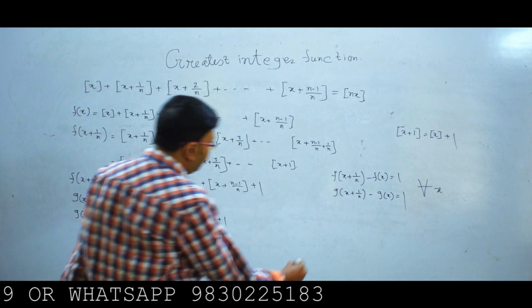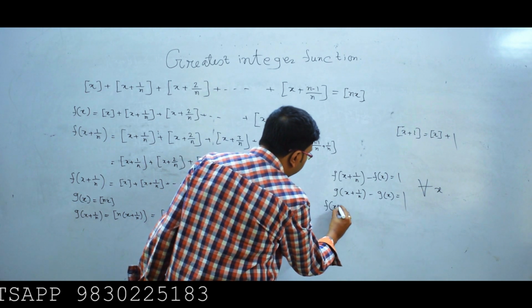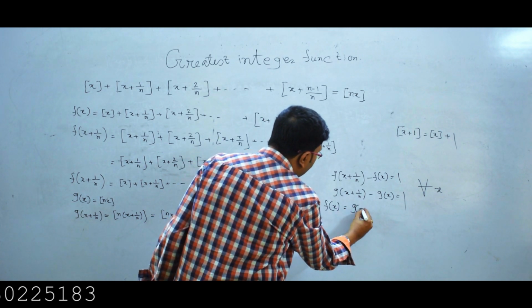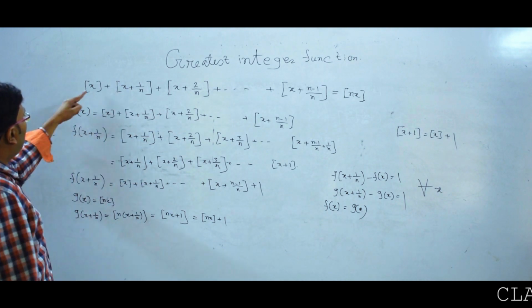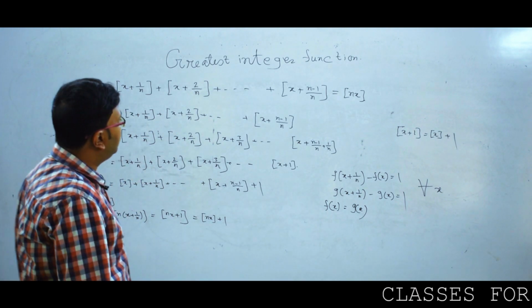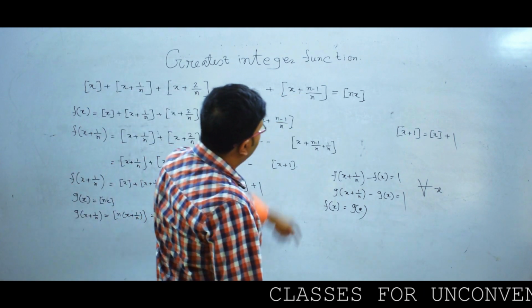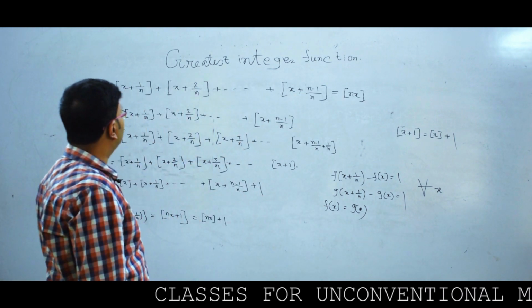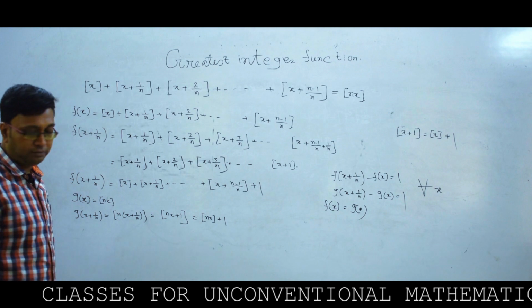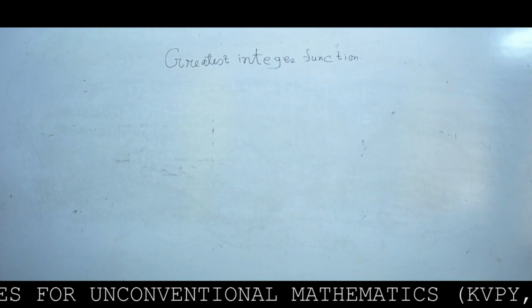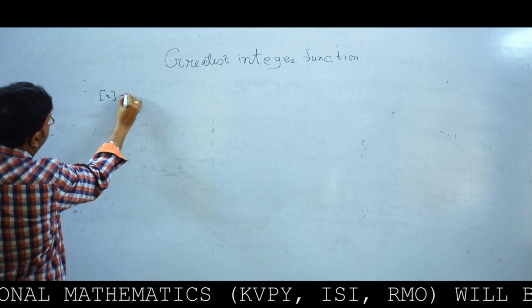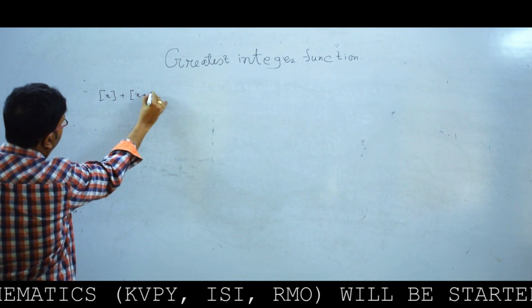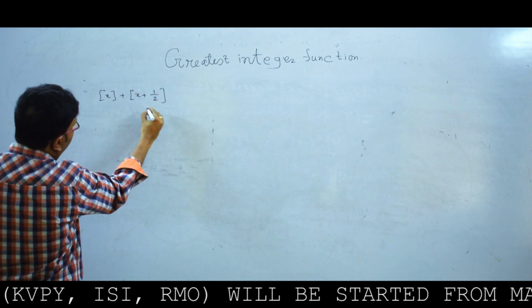Hence we can say that f(x) equals g(x). And this is the proof of the famous identity {x} + {x + 1/n} up to {x + (n-1)/n} equals {nx}. Okay. So following that, I can say that {x} + {x + half}, here n equal to 2.